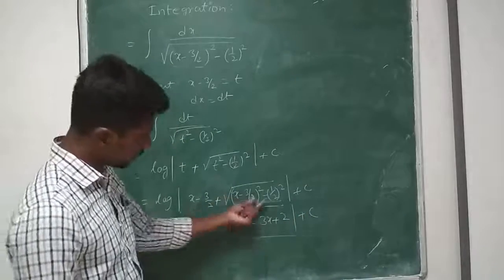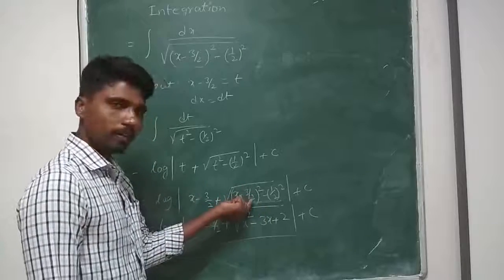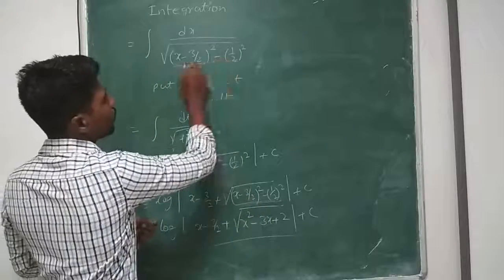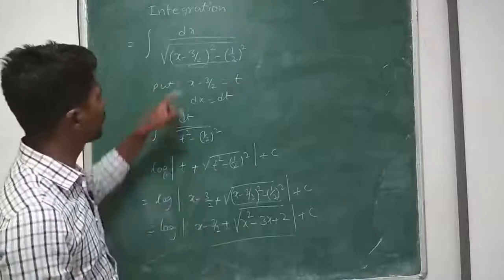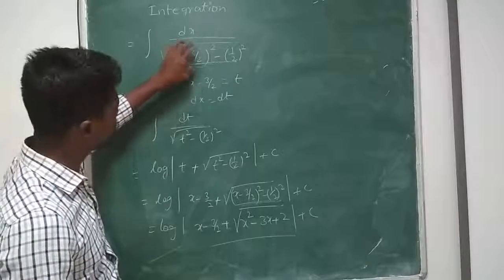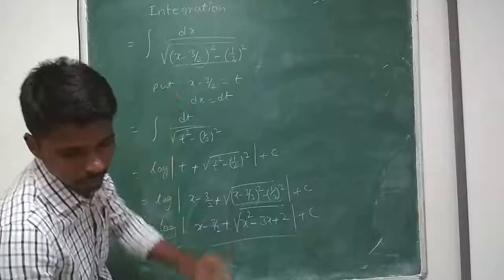This is nothing but the simplified value of the function. See, this one only, we just simplified in this particular form. So in place of this we replace the function.